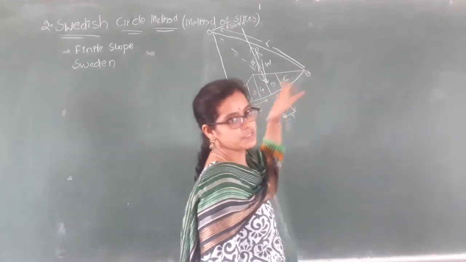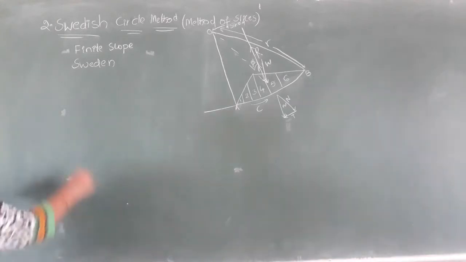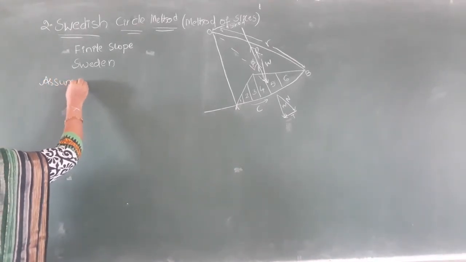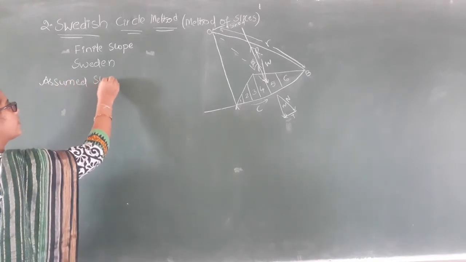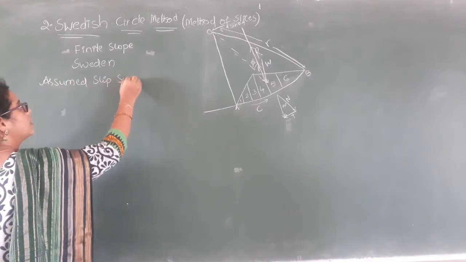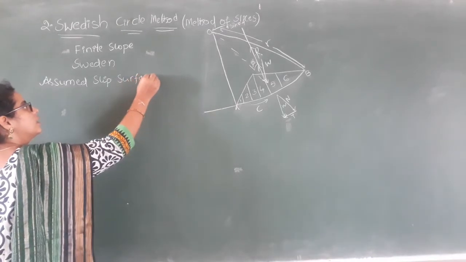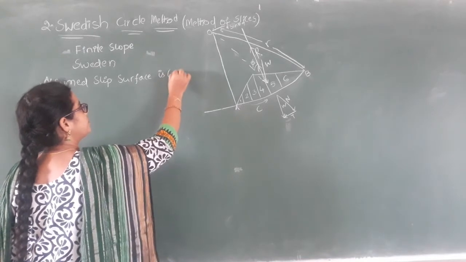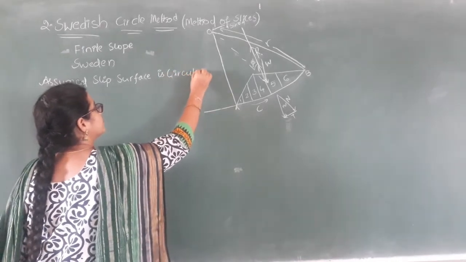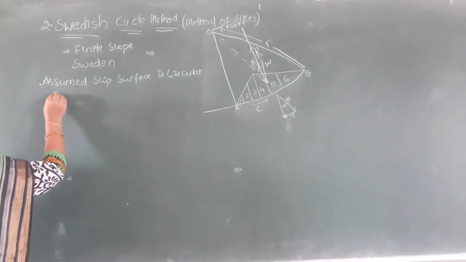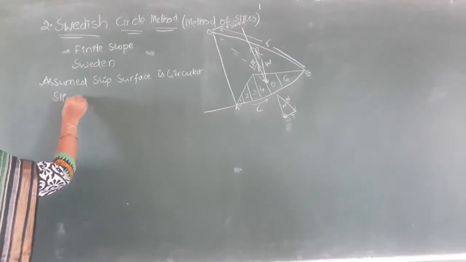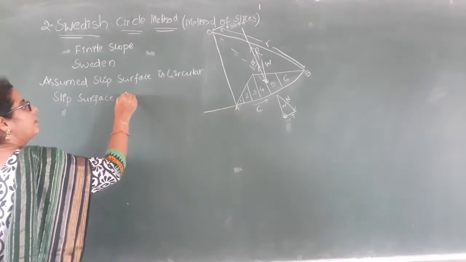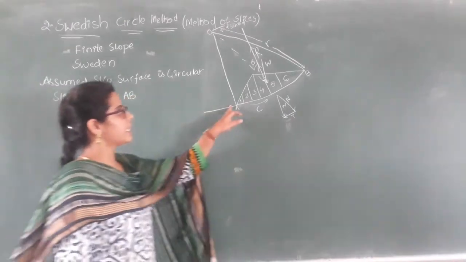AB is the slip surface, right? So assume the slip surface is circular. Slip surface is AB.